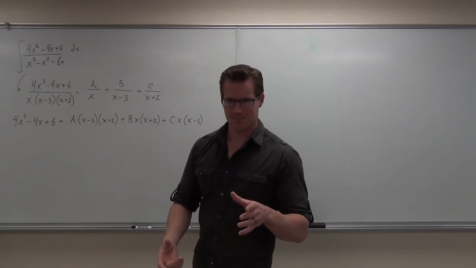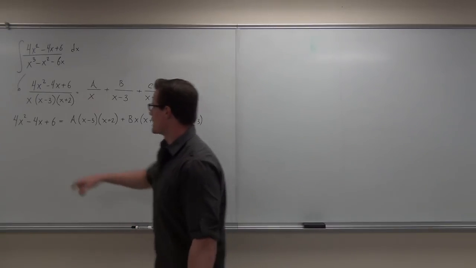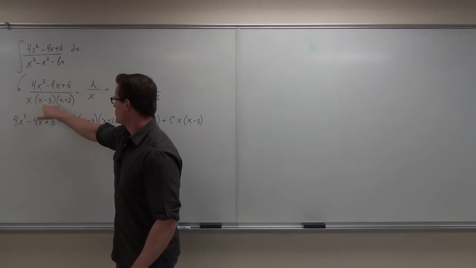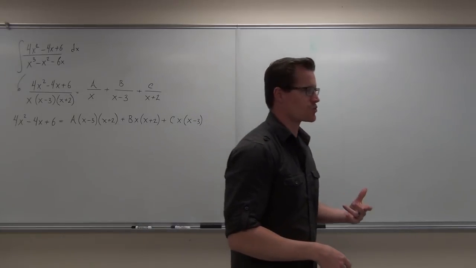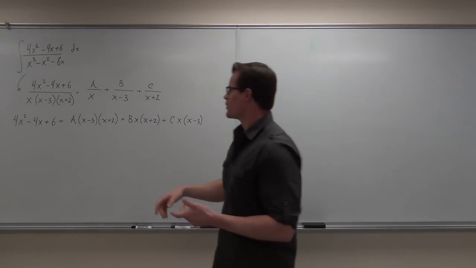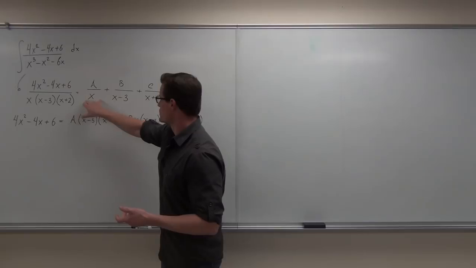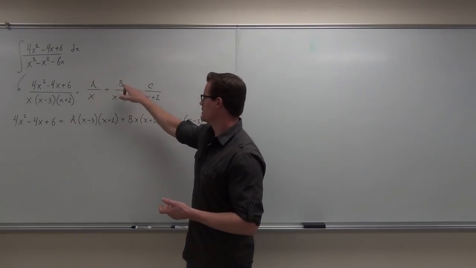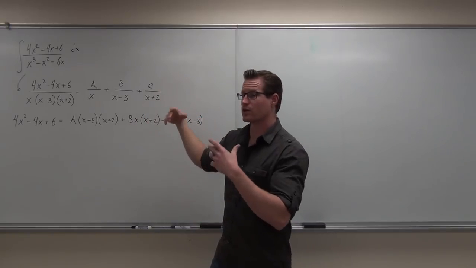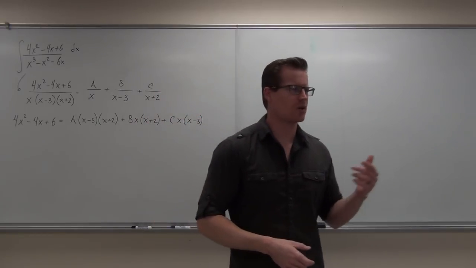Are you guys with me? Okay, so in our case we have 1, 2, 3 linear factors. What that means is we're going to create 3 fractions, one for each of our linear factors. The way we do it, we just write each of those linear factors in a denominator and constants A, B, C, and so on, until you exhaust all of your linear factors.